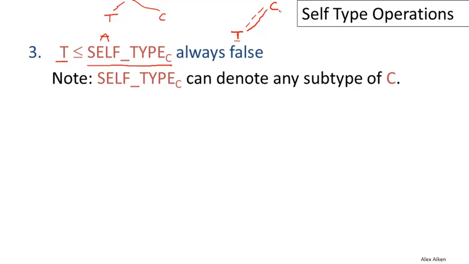But the problem is that this is extremely fragile and doesn't work if you modify the program. In particular, a programmer might come along and add some class A over here that's unrelated to T, but is also a subclass of C. And now this would no longer work, because if I plug in A for self-type sub C, then I see that T is not a subtype of A. All right, so we could allow it in the very special case that C had only a chain of inheritance, not a general tree under it, and that T was the leaf of that chain.